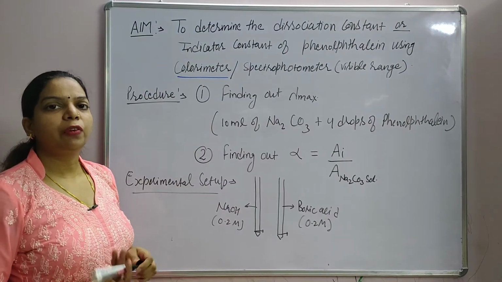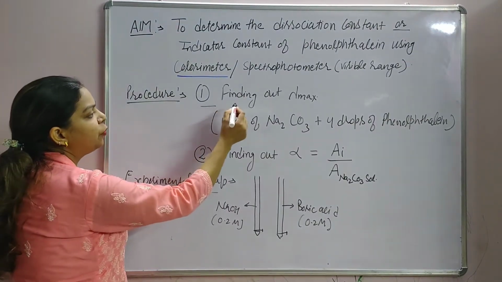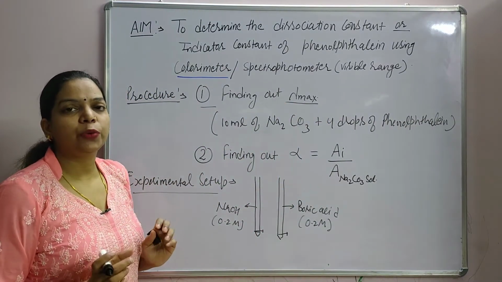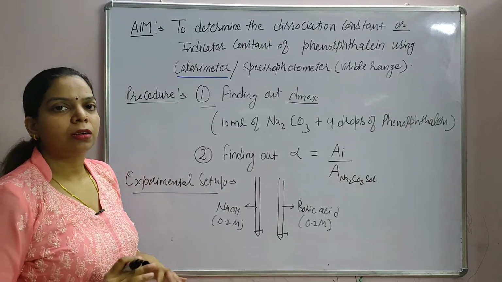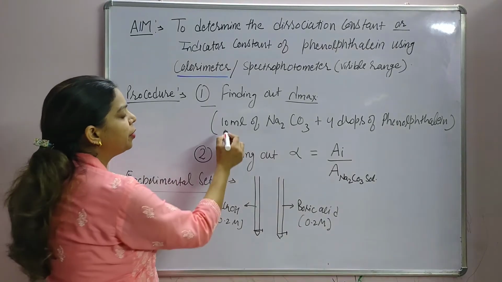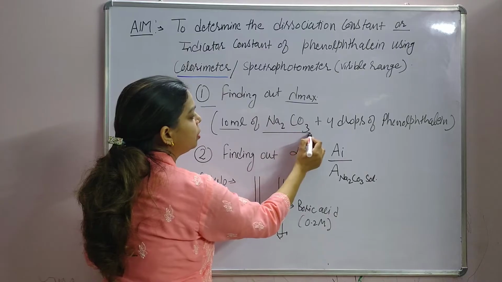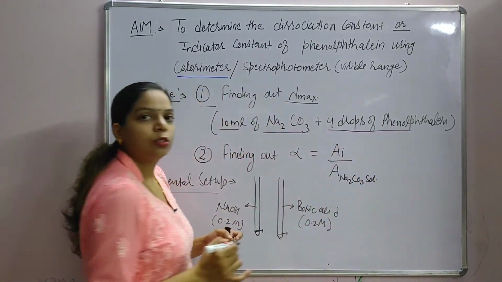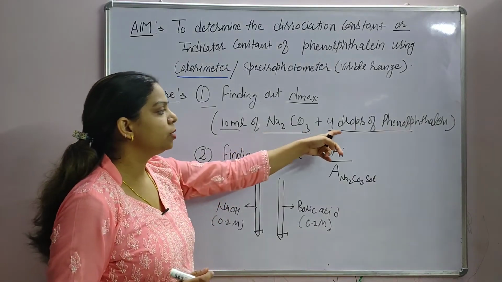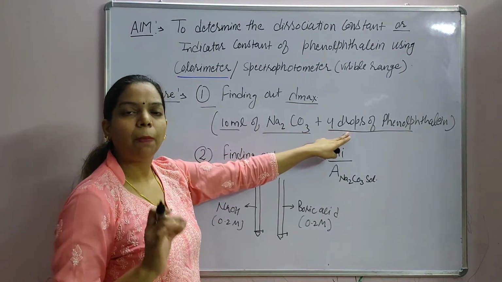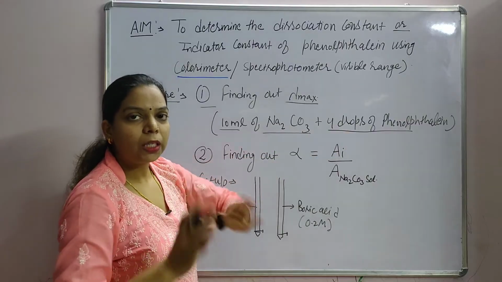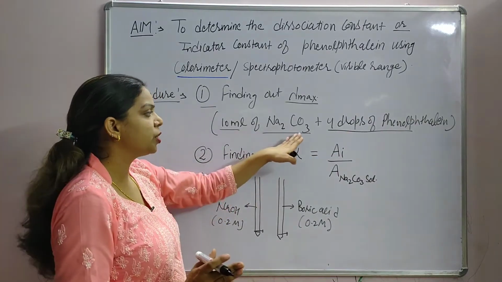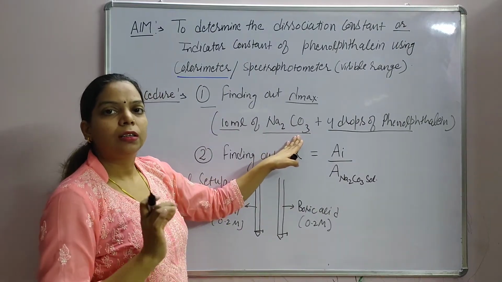For the procedure we will follow these steps. In the first step we will find out the lambda max. For the lambda max we need a solution with most intense pink color. So for that we have taken 10 ml of sodium carbonate solution and added 4 drops of phenolphthalein. So it is a basic solution. Phenolphthalein indicator will be completely dissociated. All the ions, whatever is the concentration, will be completely dissociated in this mixture, and all the ions will give pink color.